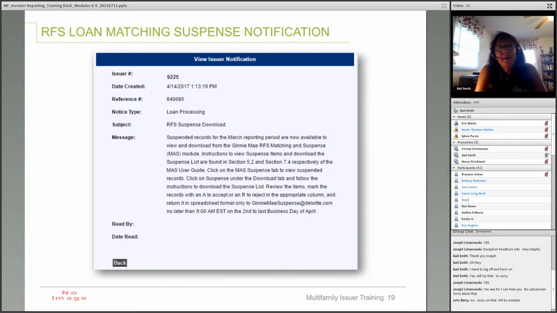If you have suspended records, you will receive a loan matching suspense e-notification. On the screen is an example of what your e-notification would look like. If you would kindly raise your hand if you have seen this e-notification, and what would you do upon receiving this e-notification?